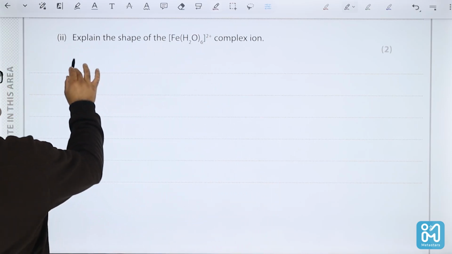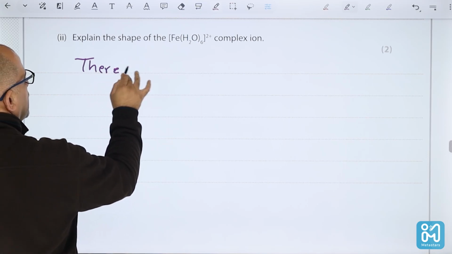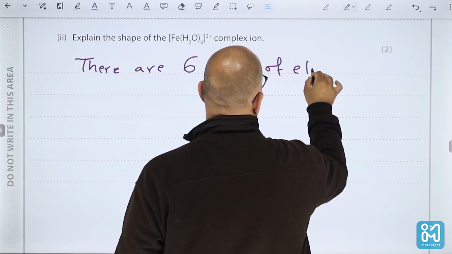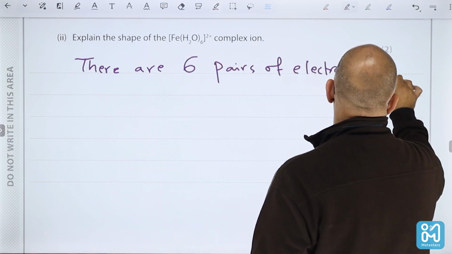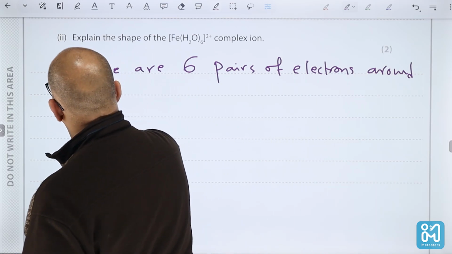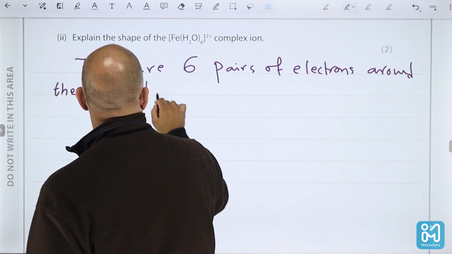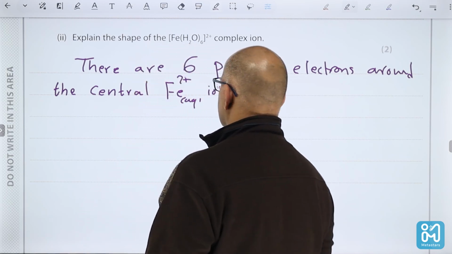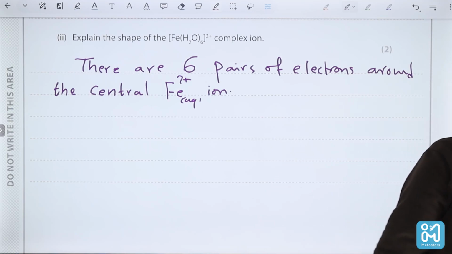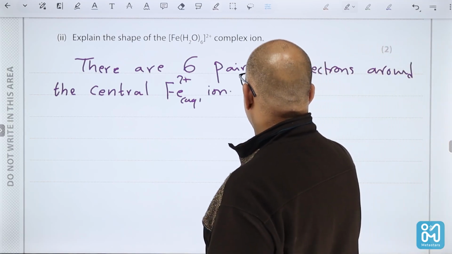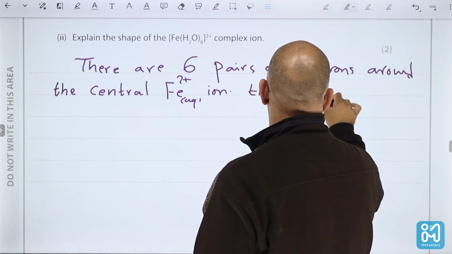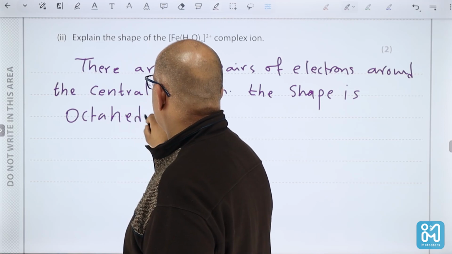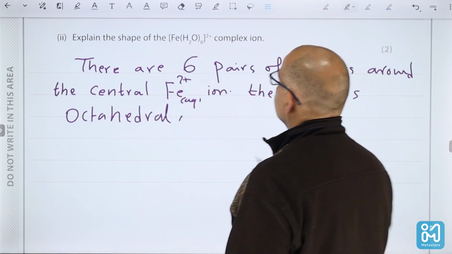Because there are 6 pairs of electrons around the central iron positive 2 ion or transition metal ion, this means that the shape is octahedral, and that's to minimize the repulsion.